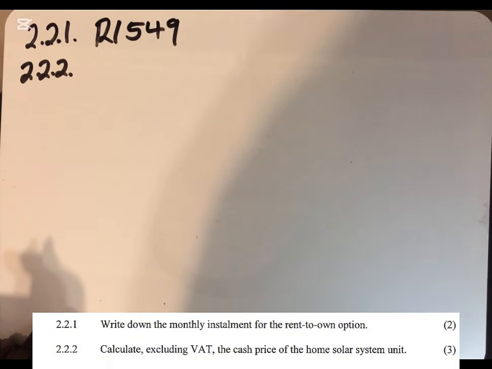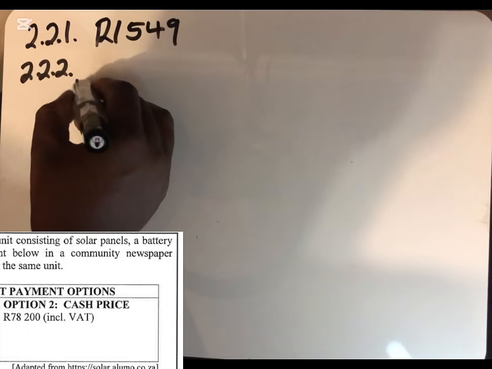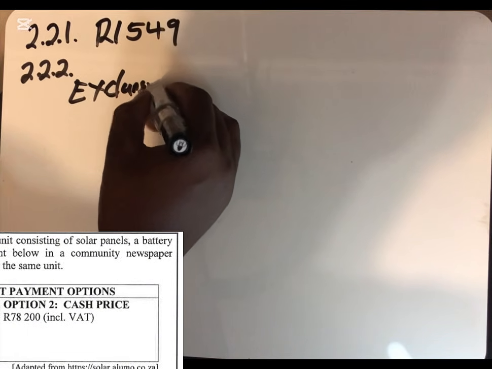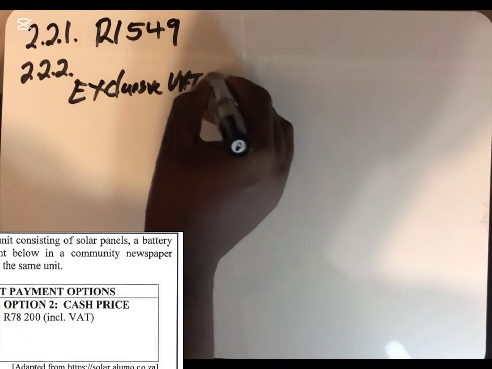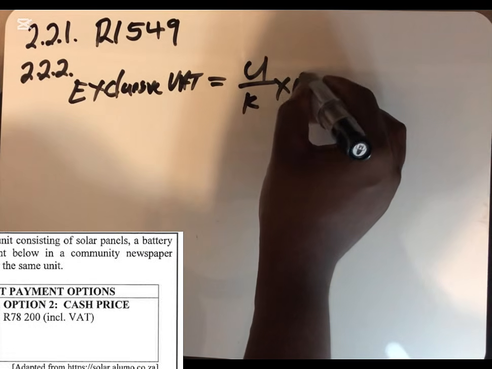Then 2.2.2, it says calculate, excluding VAT, the cash price of a home solar system unit. So now they want you to calculate VAT exclusive. VAT is going to be U over K multiplied by amount.